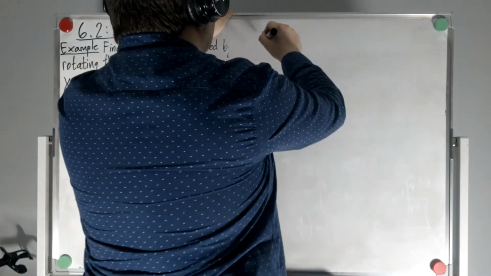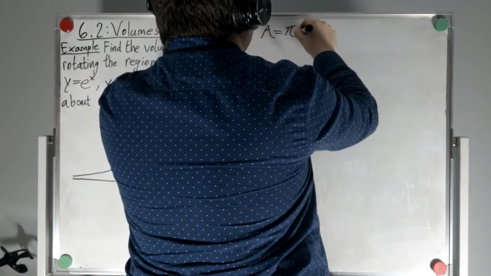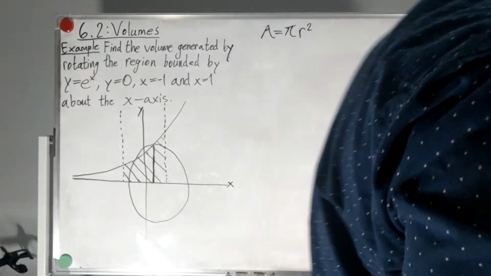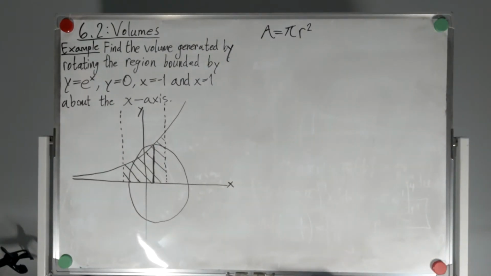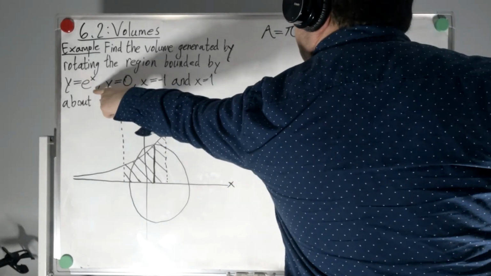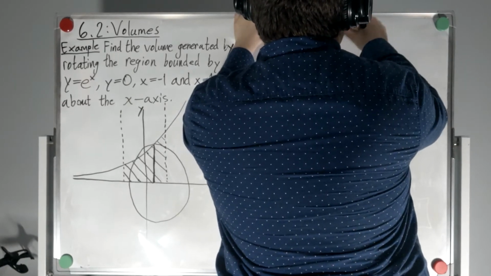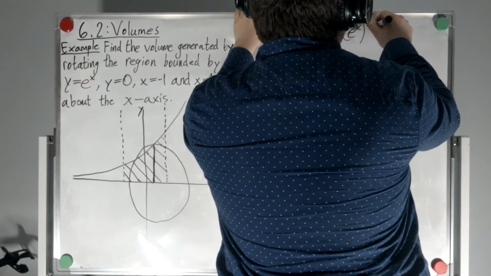The area of that disk, well, as usual, it's pi times the radius squared. In this case, the radius is going to be the distance between the x-axis and the curve, which is just e to the x. So this is pi e to the x squared.